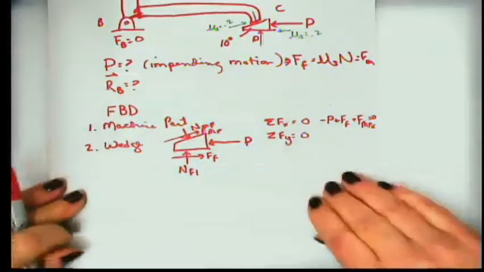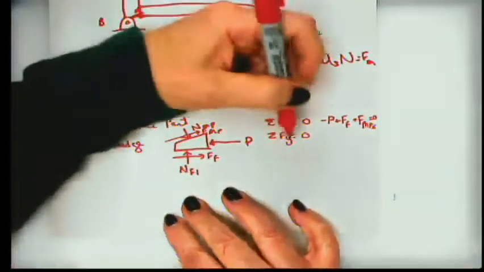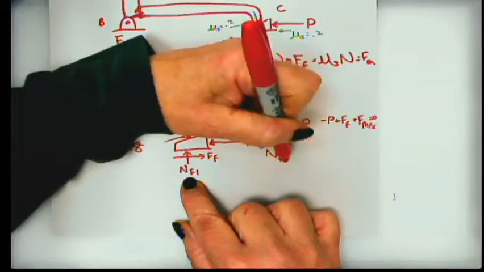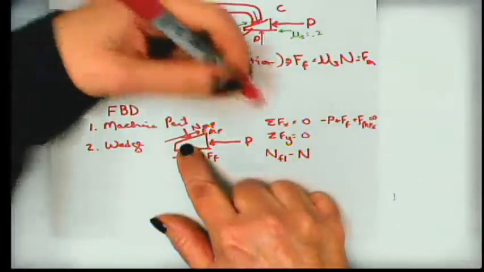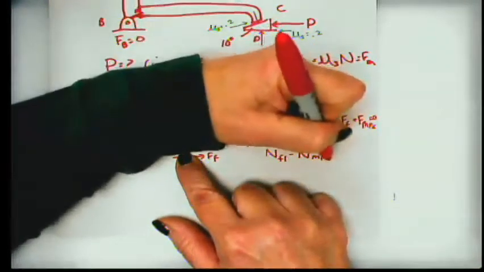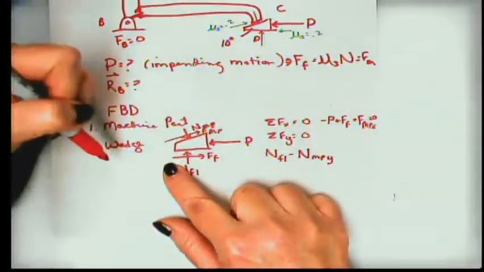So in order to determine that, here we're going to have the normal force between the floor and the wedge acting down, and the normal component of the machine part acting down, the piece of that which operates in the y direction.